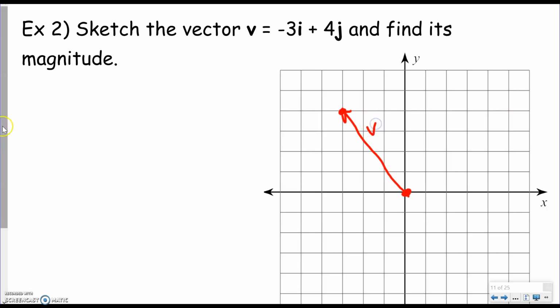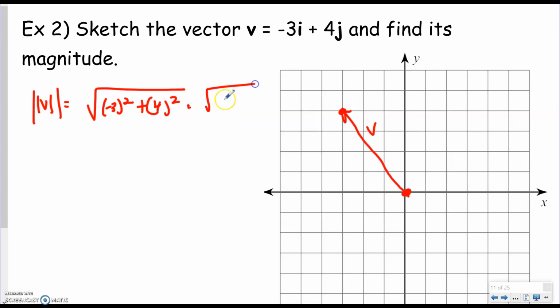So this is vector v. And then to find the magnitude of v, again, those double bars, we're going to do the square root of a squared plus b squared and simplify. So the square root of 9 plus 16 gives us the square root of 25. So the magnitude is 5. Okay, so again, pretty simple, not too bad there.